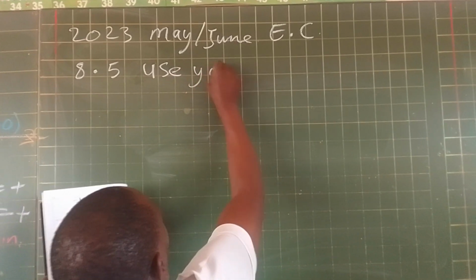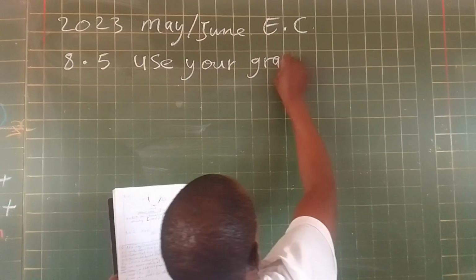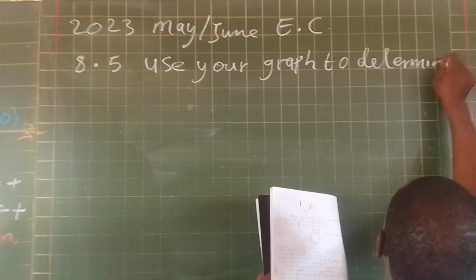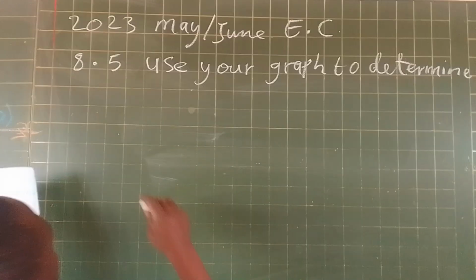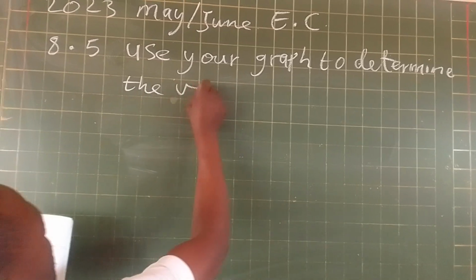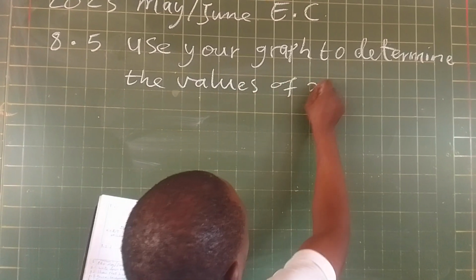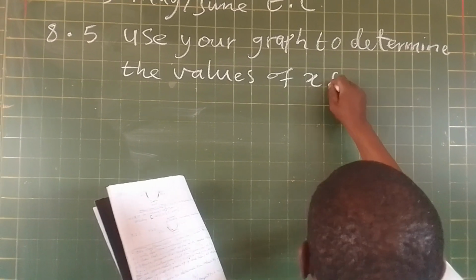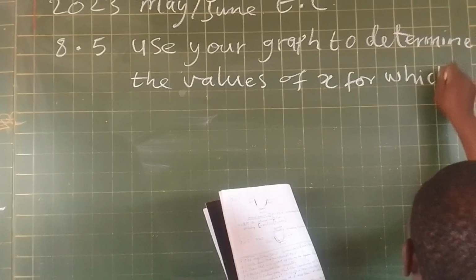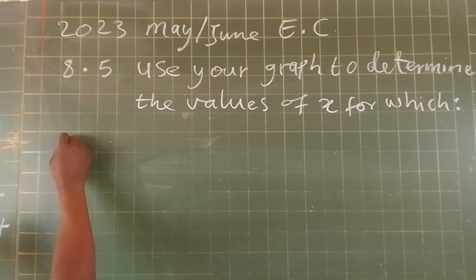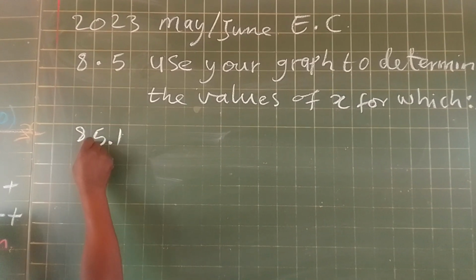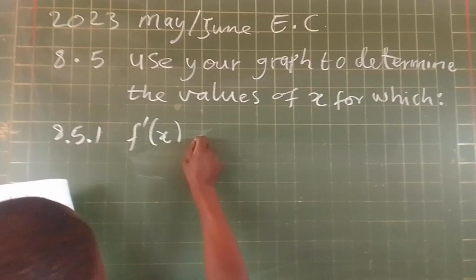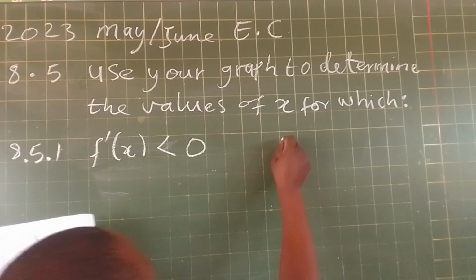Use your graph to determine the values of x for which, and now it's followed by the question 8.5.1, for which f dash of x, the first derivative, is less than 0, for 2 marks.